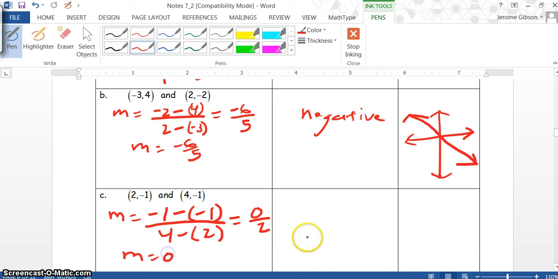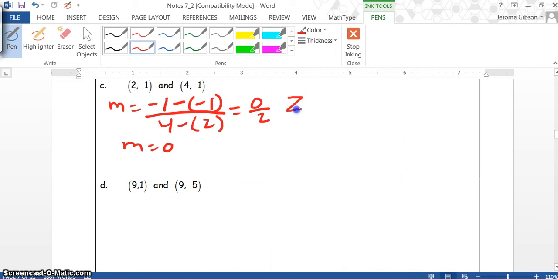So we know here that our slope is 0. We will draw a quick graph. It'll be horizontal. Horizontal lines have a slope of 0.